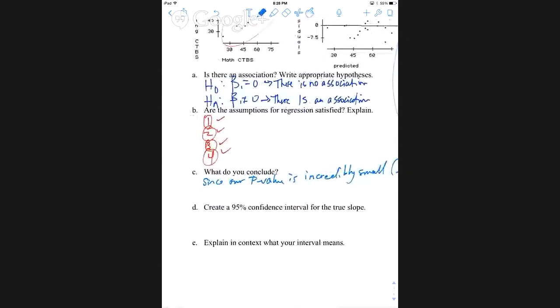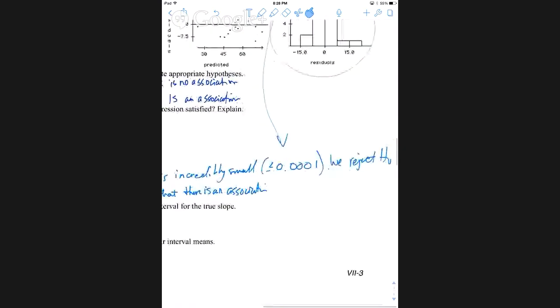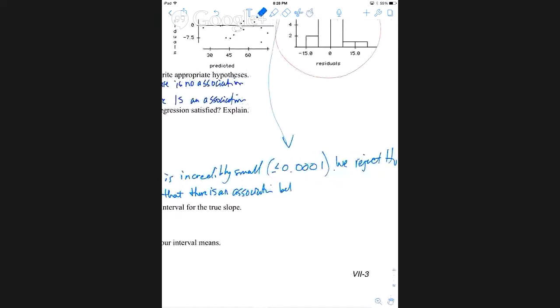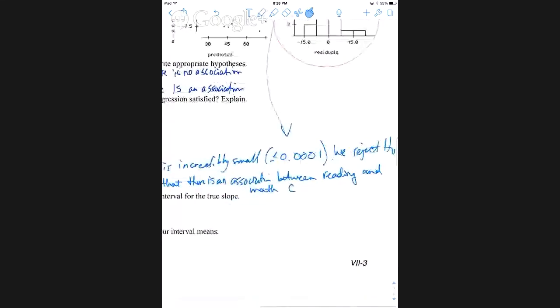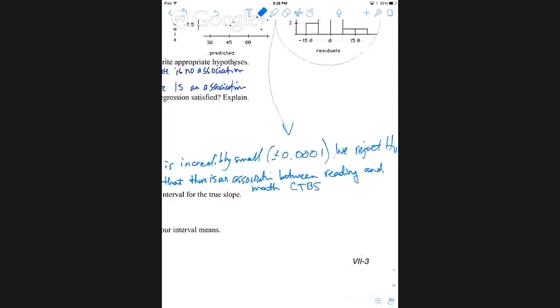So in context, there is strong evidence that there is an association between reading and math CTBS scores.